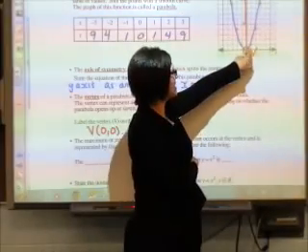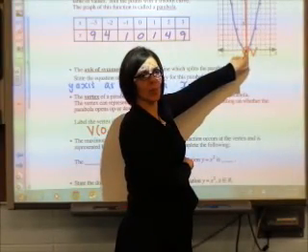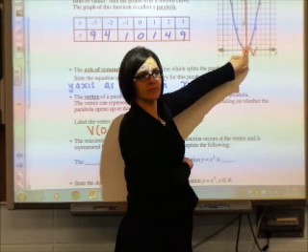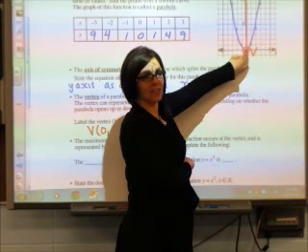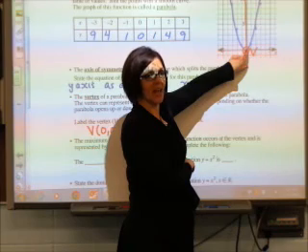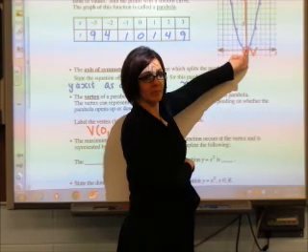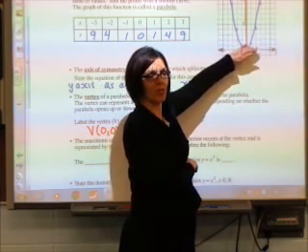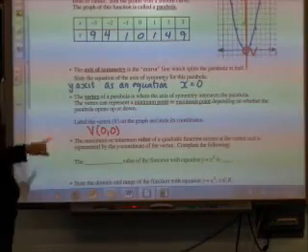In this case, is V a minimum point or a maximum point? To answer that, ask yourself, is V the lowest point it'll get or the highest point? It's the lowest point, which makes it a minimum value. So the minimum value of the parabola would be the vertex in this case.